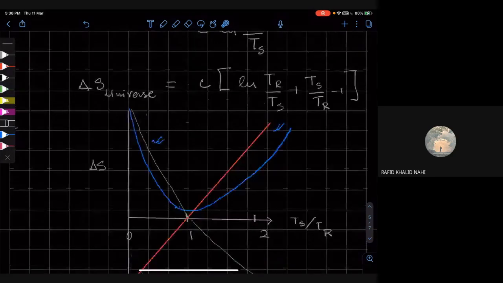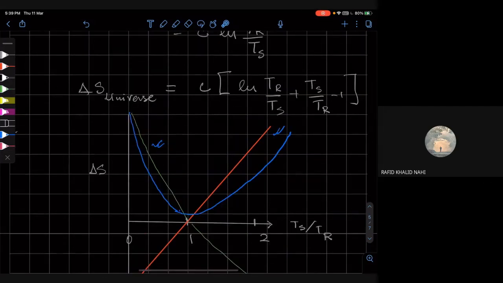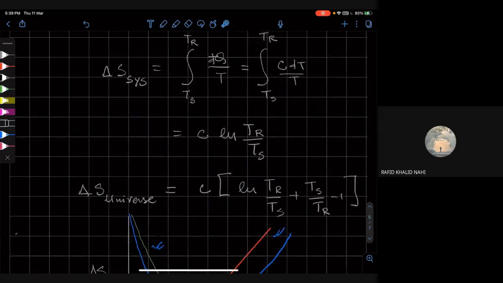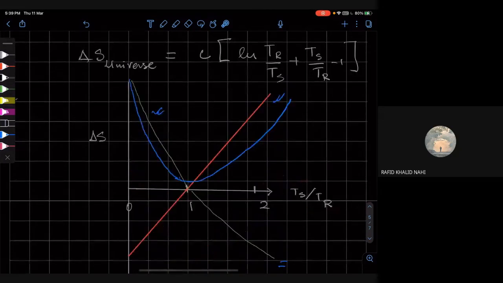So here the red line is plotting how the change of entropy of the reservoir changes with the ratio of Ts over Tr, because we can always set Ts to be some arbitrary value, and then Tr is the really independent variable. We see that this has a negative part and a positive part. Let me label this properly.